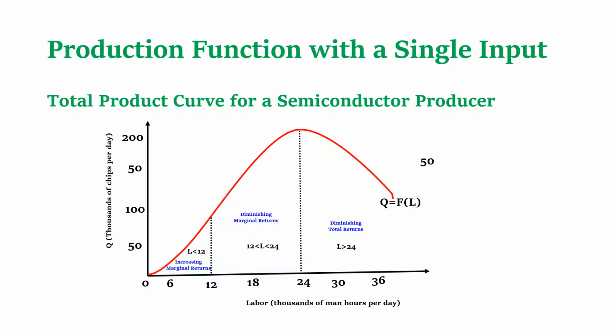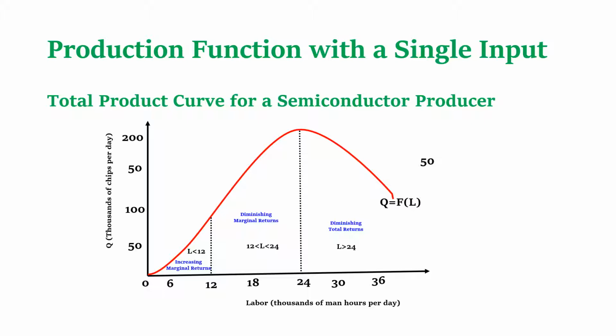Some plants are not being operated in the first place because you have so many idle resources. So when that occurs, output will not be increasing. It will be decreasing. That's why you see the curve declining after L equals 24.